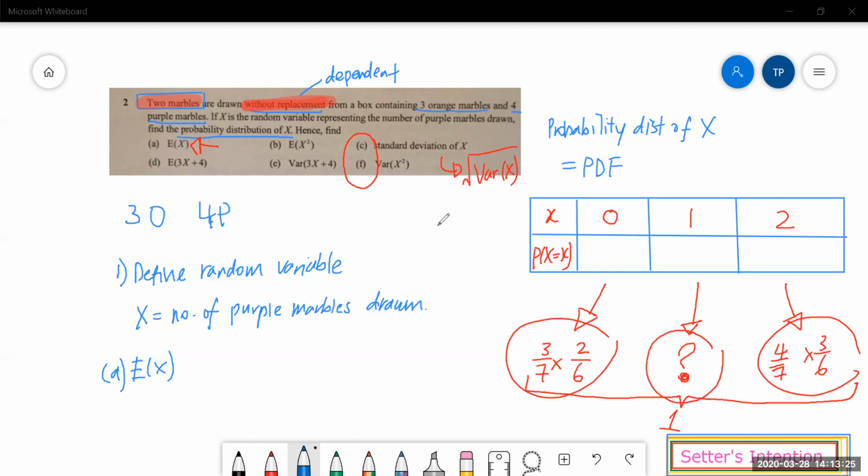Winnie, you know that? Where are you at now? I need to understand where you guys are at now. Our next lecture is binomial distribution.